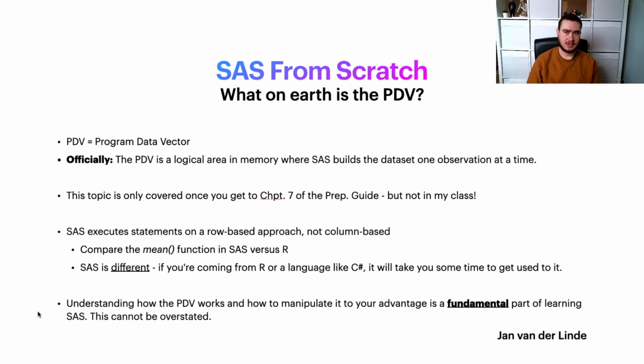That could be a proc means or a proc SQL or whatever it might be. But for now, keep in mind that the mean function in a data step is to be used within one row across several columns, and that is very different from what R is doing.